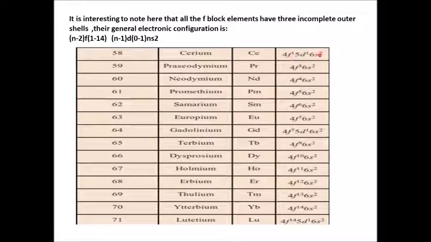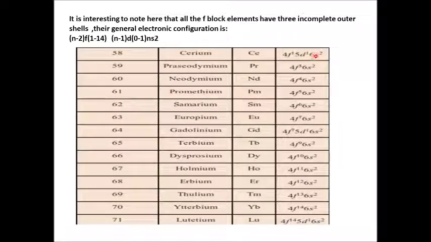All of them are not completely full. The 4f is in the process of getting filled. 5d has only 1 or 2 electrons or may not have any electron at all. And the 6th orbit has only the s orbital filled, that is 2 electrons.